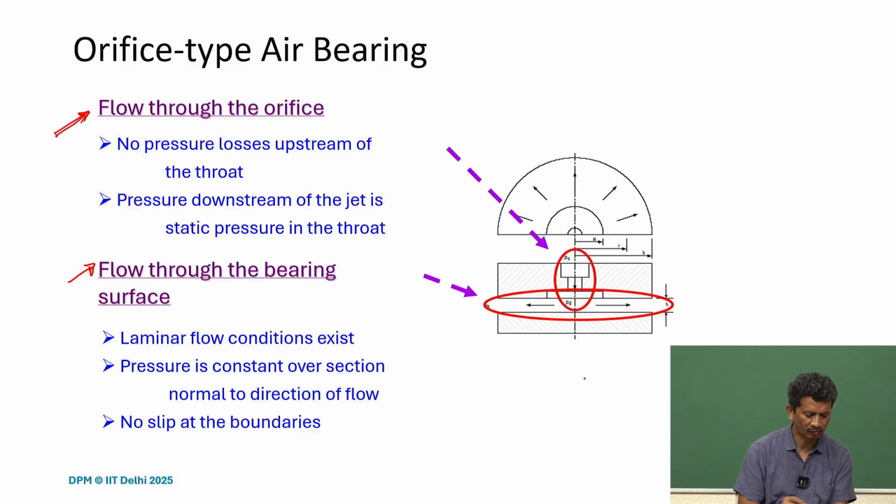That's how it flows. And second is the flow through the bearing surface. We are talking about this area only.